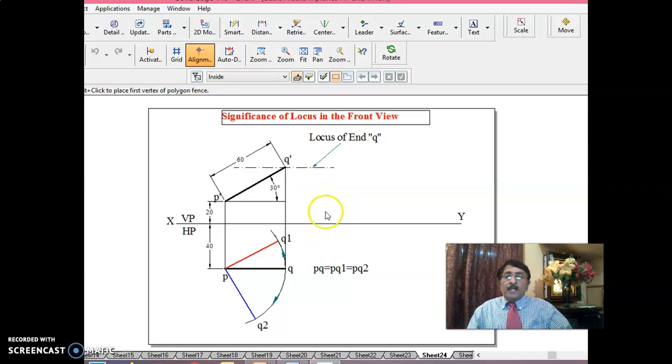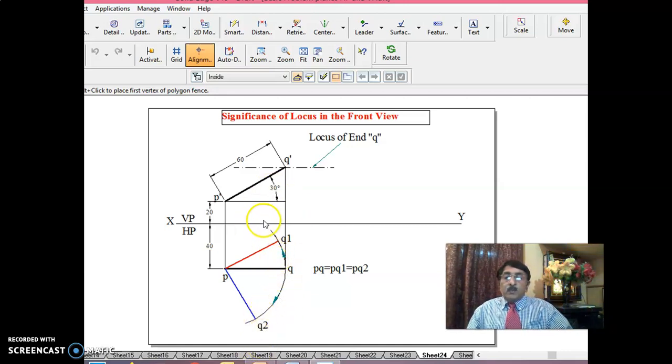One observation is, see here, I'll fix P. That means this point P, I'll fix and I'll start rotating Q, either this way or this way. Going this way is going towards VP. Coming this way is coming towards the observer, because the observer is here.